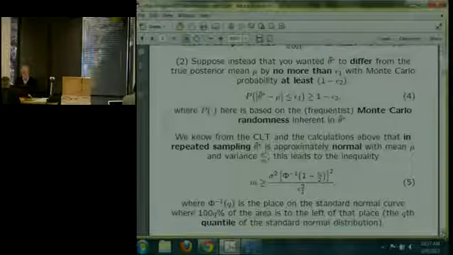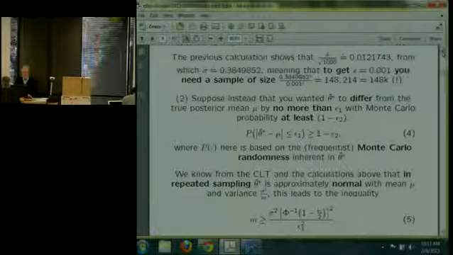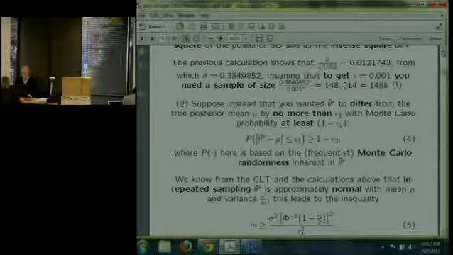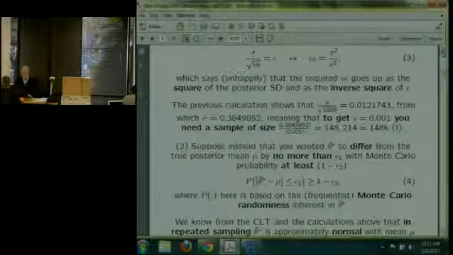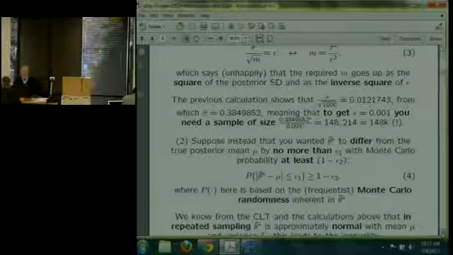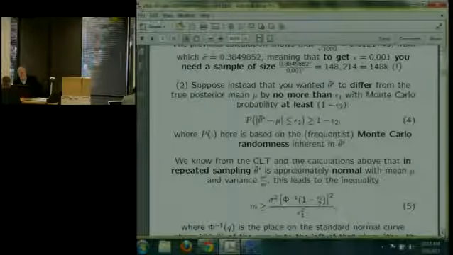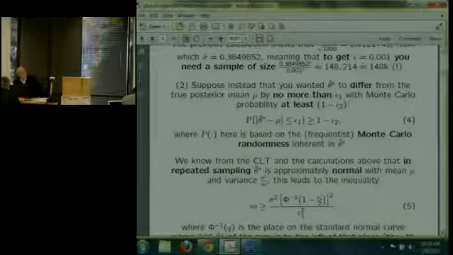So if you look at the form of equation 5 and compare it with the form of equation 3, and the screen is not quite large enough to make that easy to do, equation 3 says sigma squared over epsilon squared, and equation 5 says sigma squared over epsilon 1 squared, same structure, except you have to multiply by a number from the normal curve that's squared in the numerator.